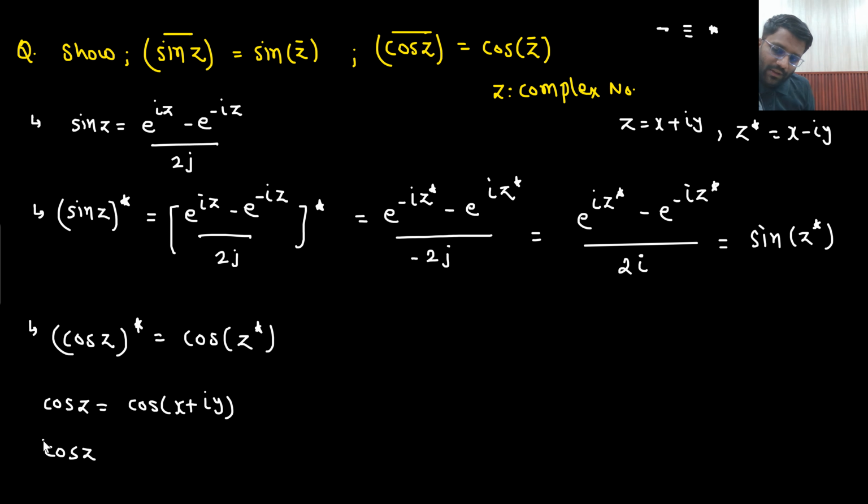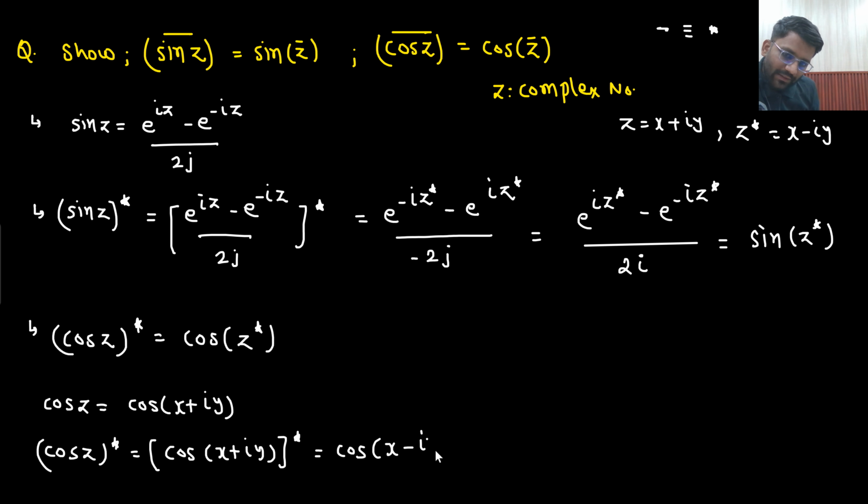If I am taking the conjugate, I told you conjugate has only one process. What is that process? In place of iota you need to put minus iota. And what is this? This is nothing but cos of z conjugate. So this is what you are getting.